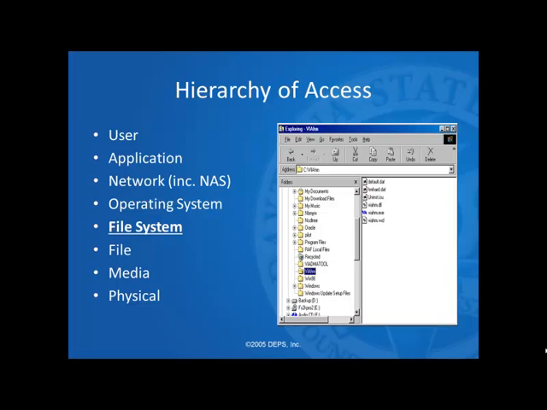So file systems are very often associated with operating systems, but it's important to realize that they really are separate. And it's also important to understand that the relationship between the operating system and the file system is different.